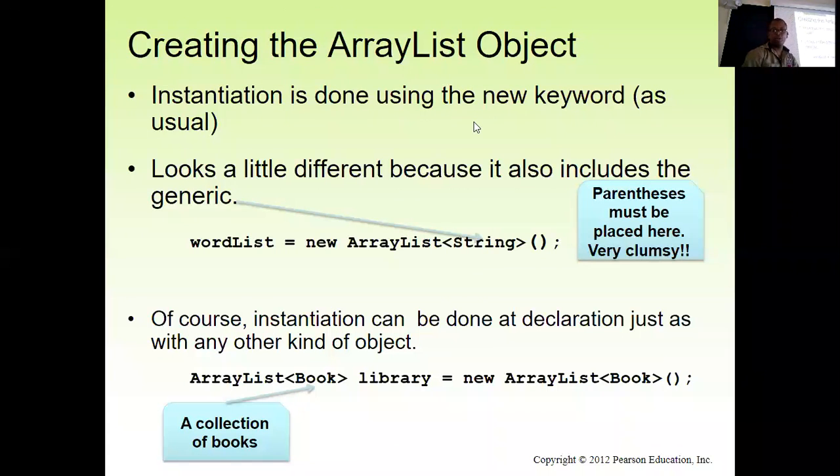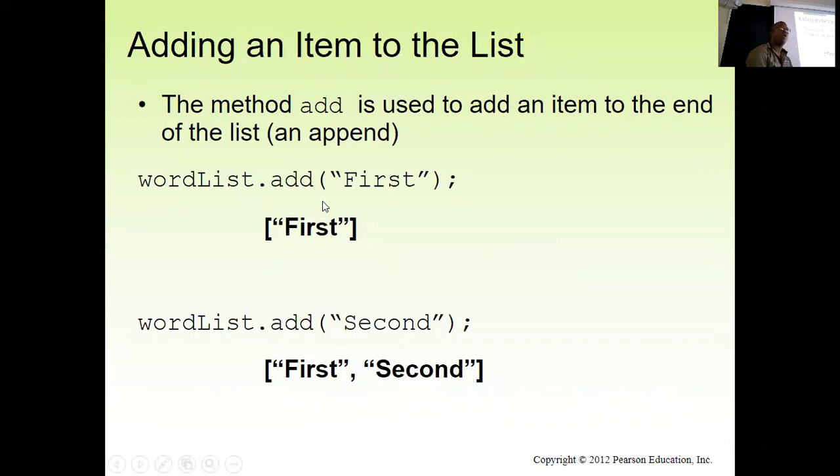All right, so next thing we need to focus on is how do we add and remove things from our array lists. The important thing to note here is that there are methods provided in the ArrayList class that allow us to do this relatively easily.